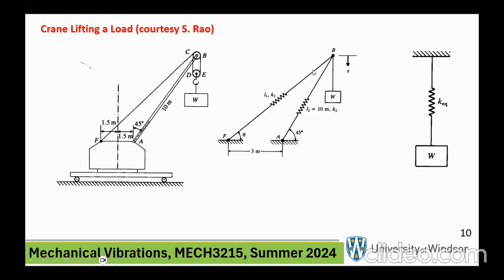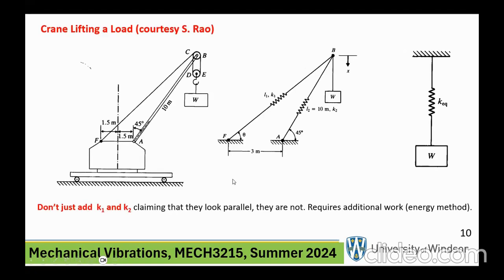The point is that they can be combined together and should be combined if you're interested in the vibration up and down. But what the value of K equivalent is, is not obvious. And we're going to need some more sophisticated technique, such as the energy expression that we're going to discuss in a few minutes.